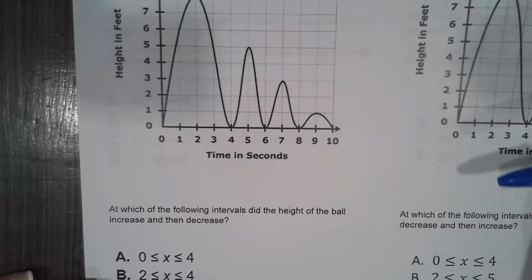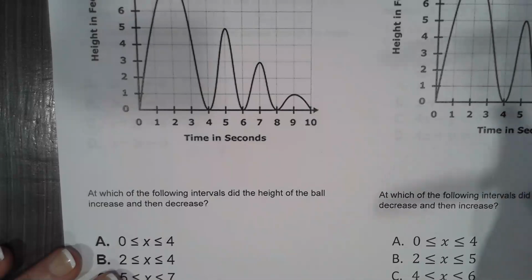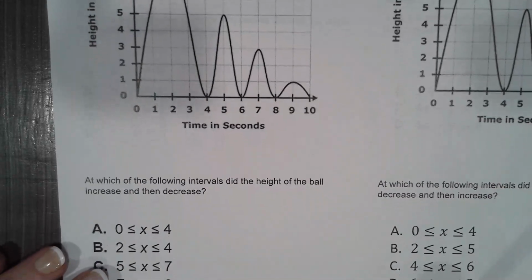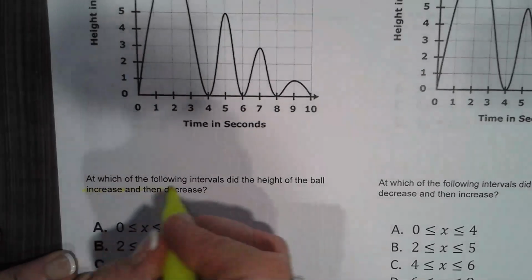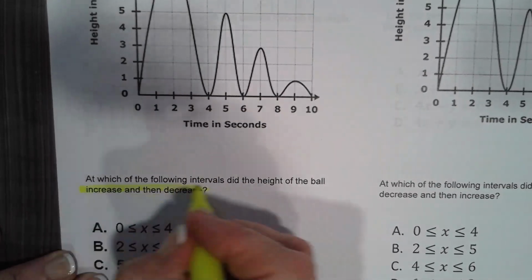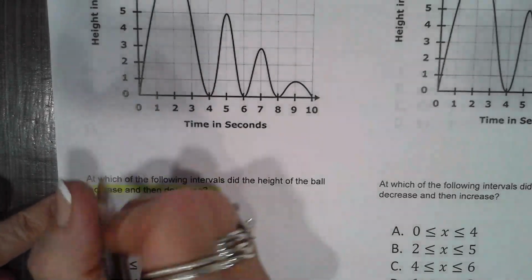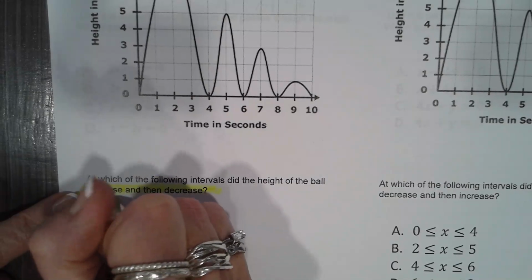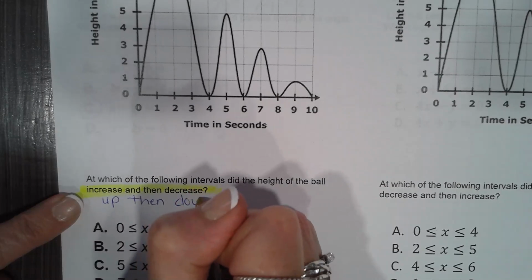And last but not least, this is an increasing and decreasing question. So this says, at which of the following intervals did the height of the ball, and this is important, increase and then decrease. So we're looking for where the curve goes up, then down. Okay?